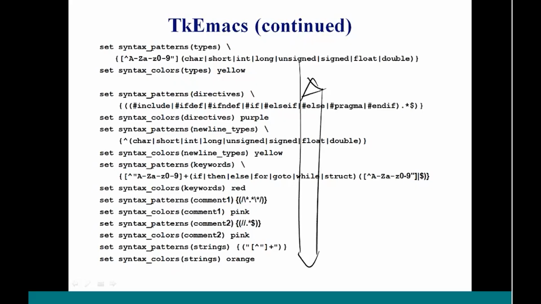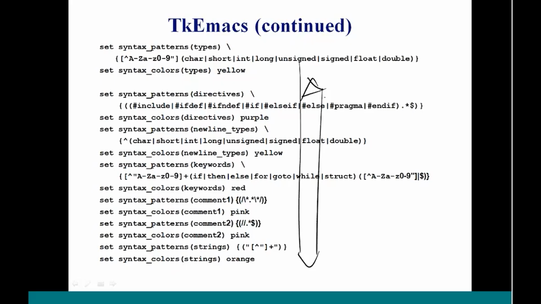So we take a look at how Emacs behaves in terms of other things. One is the set syntax pattern for types, which gets all the alphanumeric characters, and then set syntax colors types yellow, that checks for that. Syntax pattern directives, again various directives are there. Syntax colors for directives is purple, that's another thing.